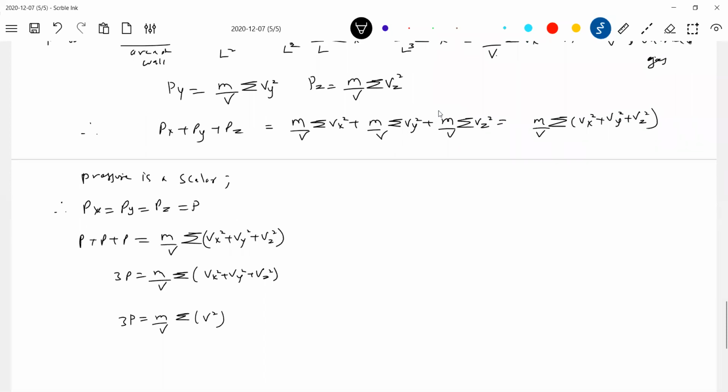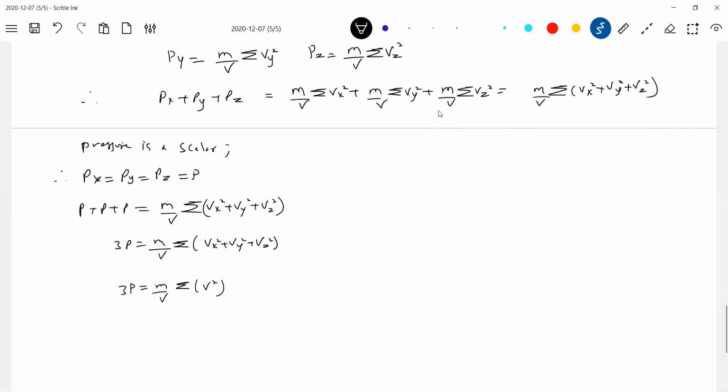Then what is this summation of v square? In general, we can write it as v1 square, v2 square, v3 square, and so on, by n. Can you remember this? This is the average, like this we can introduce here.